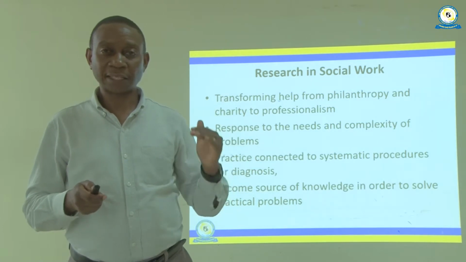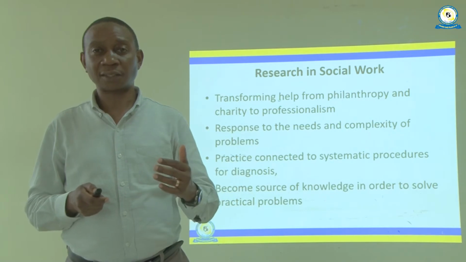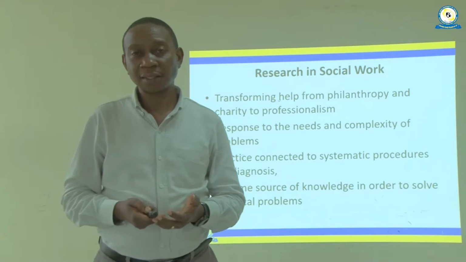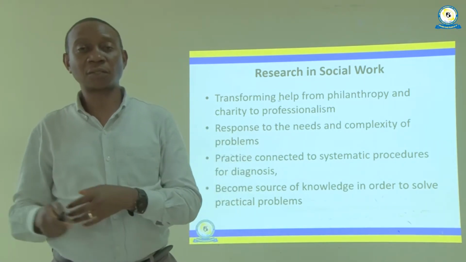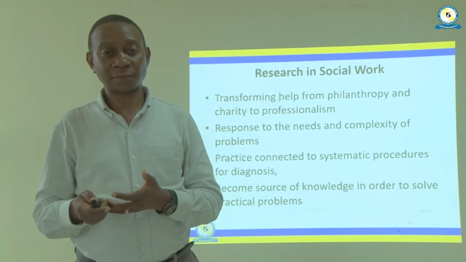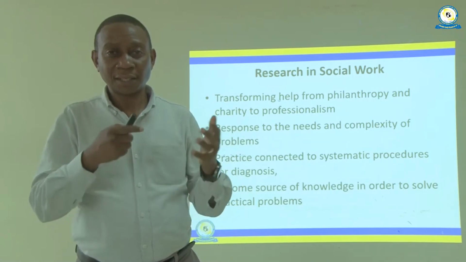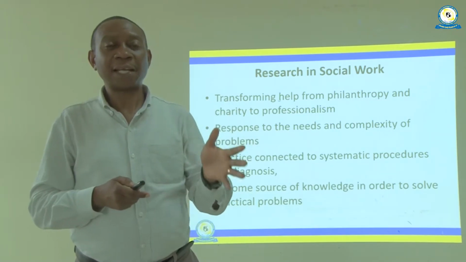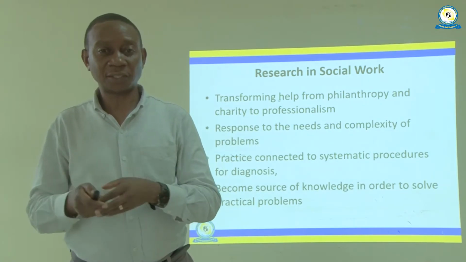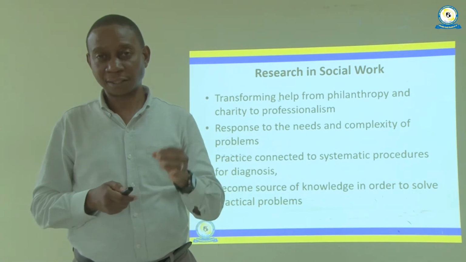When we provide services and tend to change behavior, because some people have come to you for assistance, there are systematic approaches that we need to follow. This is what we call scientific approaches, because systematic procedures abide by scientific theories and approaches, so as to diagnose well the problem.